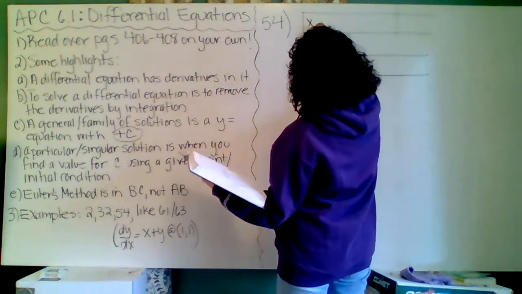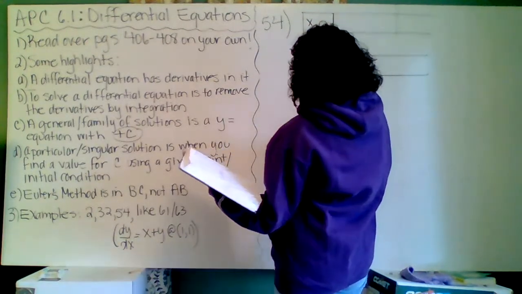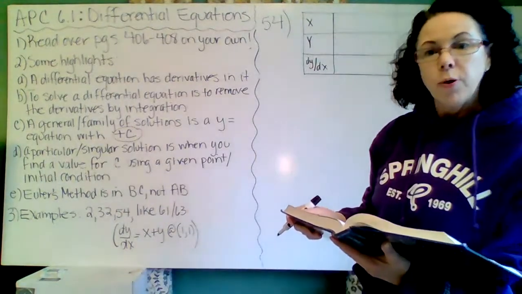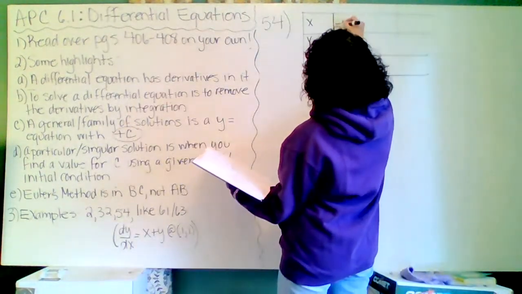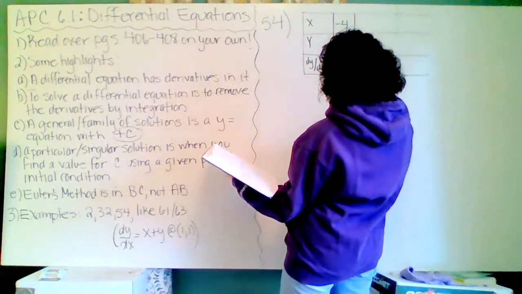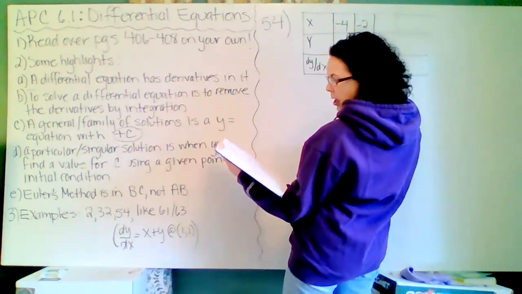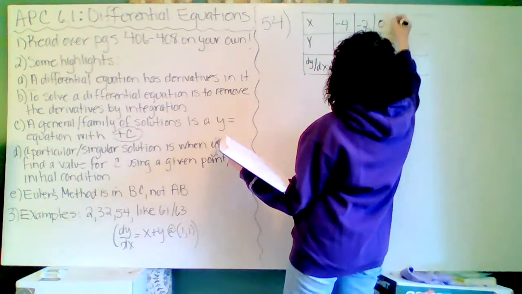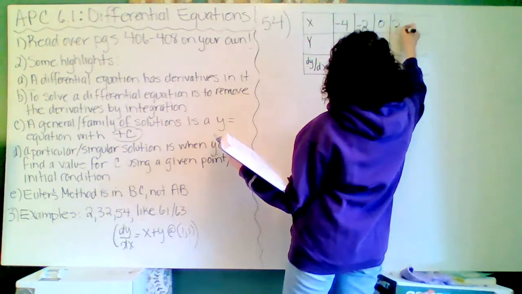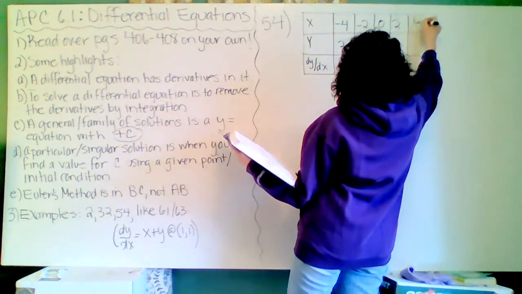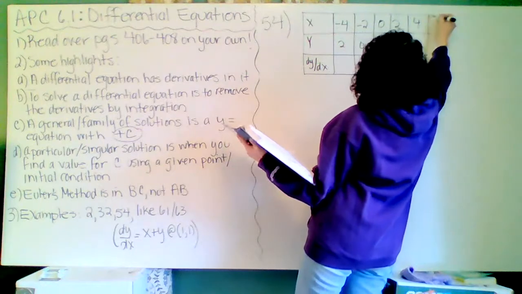They give you x and y and dy/dx. So dy/dx is slope. At a point, it's a change in y with respect to x, right? They give you the points -4, 2; -2, 0; 0, 4; 2, 4; 4, 6; and 8, 8.